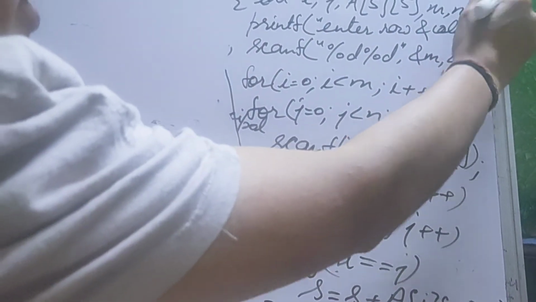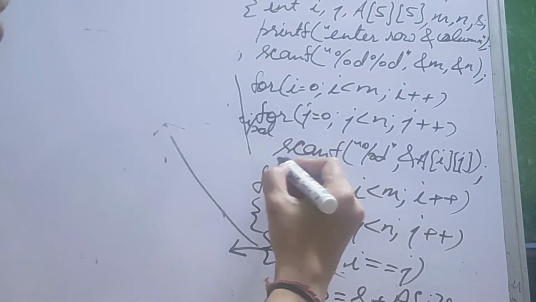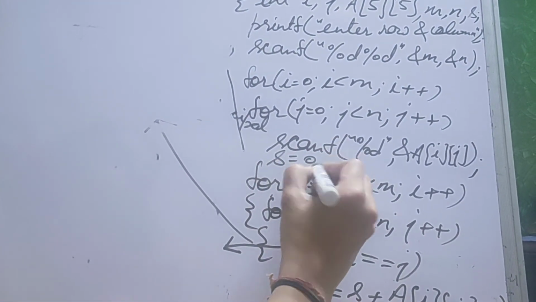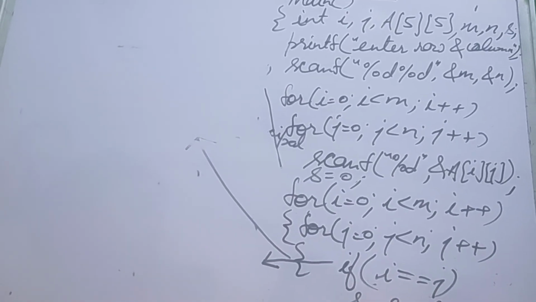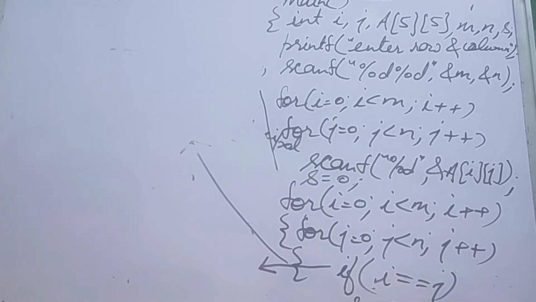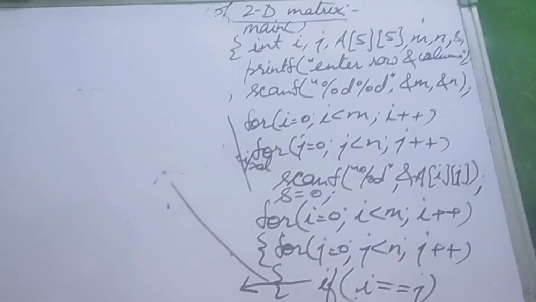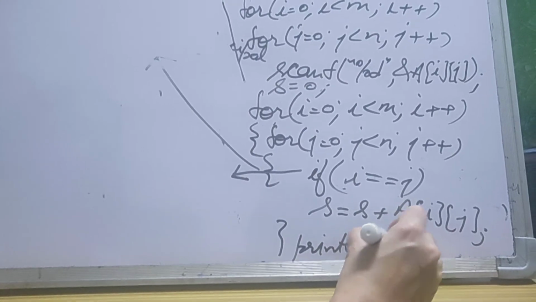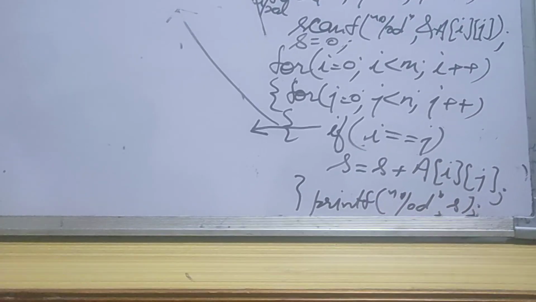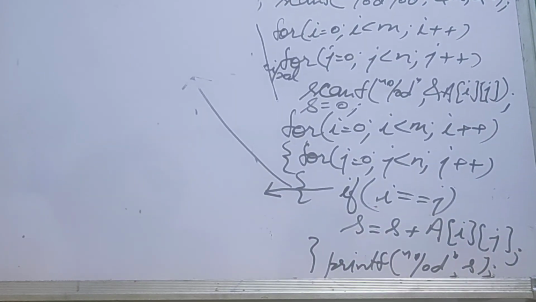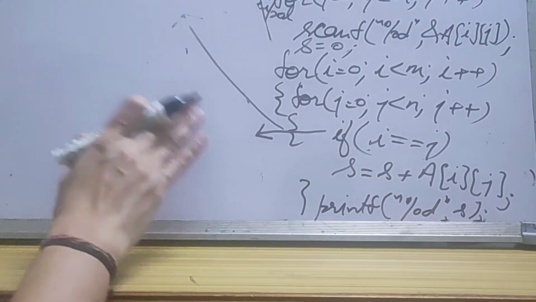Initially we have S also, and S equals to 0 we will mention here. Then 0 plus Aij, first element sum, then next, and then out of the loop we will print S. printf %d S. This is the sum of diagonal elements, principal diagonal elements.